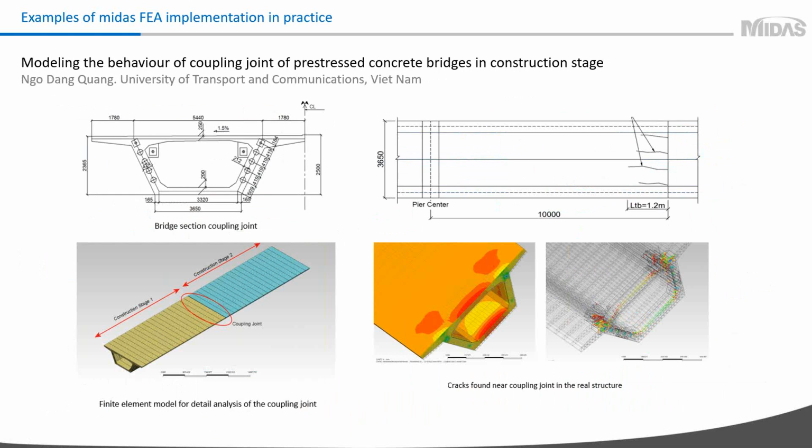This project is about designing a coupling joint of a prestressed concrete bridge in construction stage. Midas FEA here was used for investigation of coupling joint failure based on 3D modeling. Here the user used the total strain crack model for concrete.